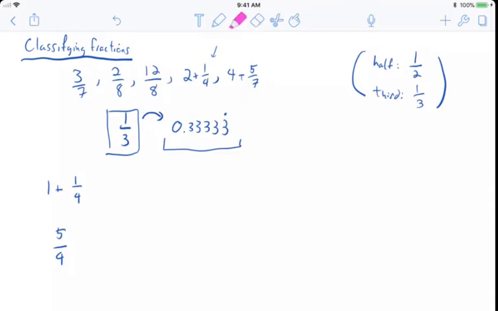This one is called the improper form. I don't know who called it that. It seems very rude. It's a very nice way to express that number. But this one's called improper. And this one is called the mixed form.